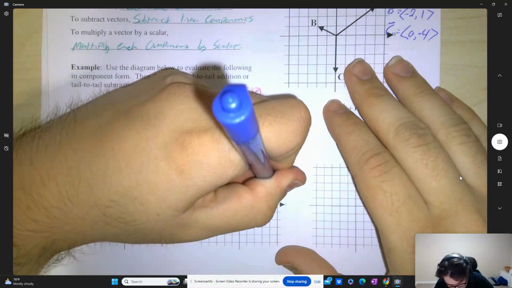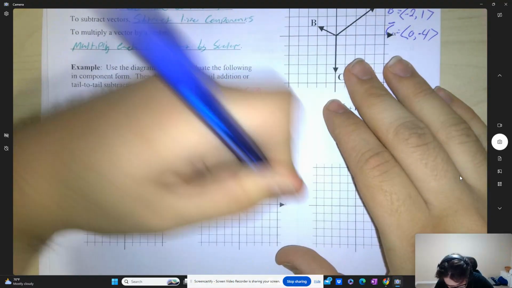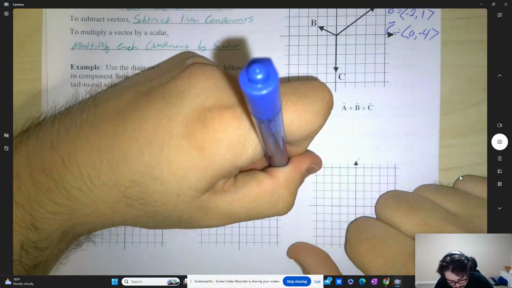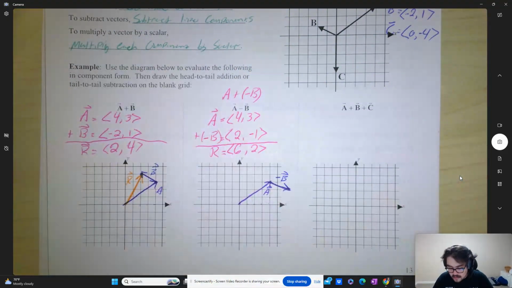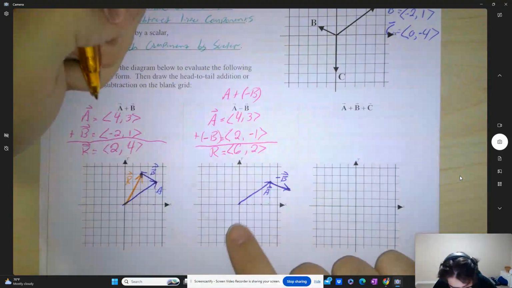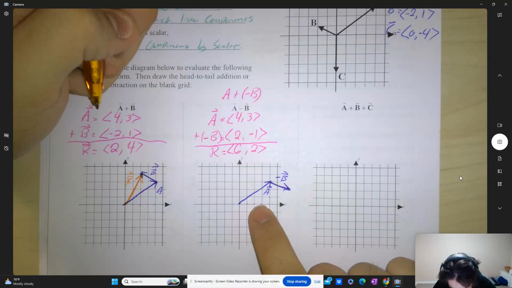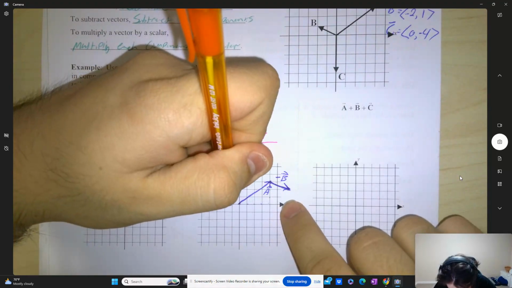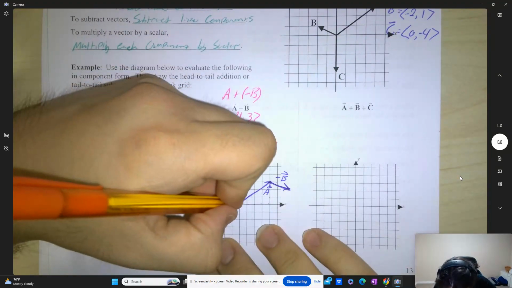I guess it would be, yeah, kind of right there. There's negative B. Okay. And then your resultant, it should go over 6. So 1, 2, 3, 4, 5, 6, and up 2. 1, 2. Yeah, that's about right there, right?